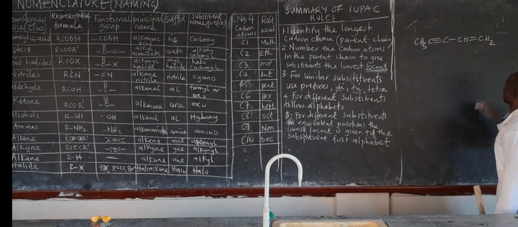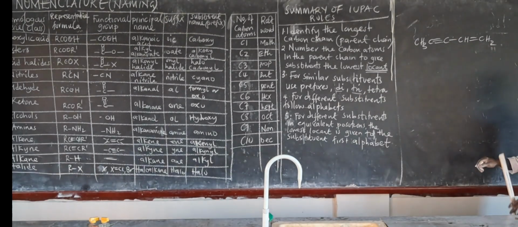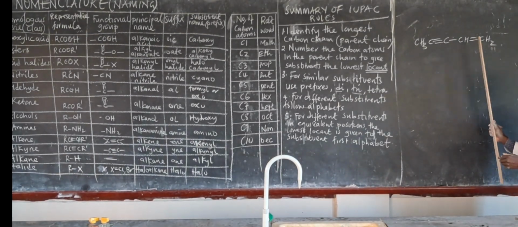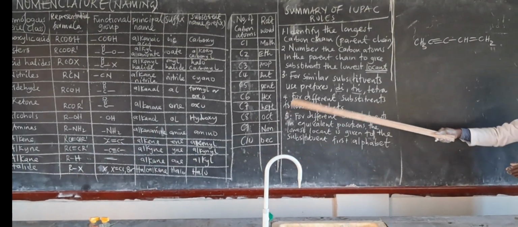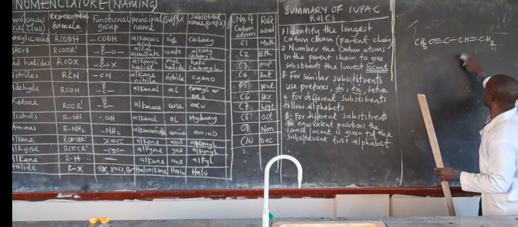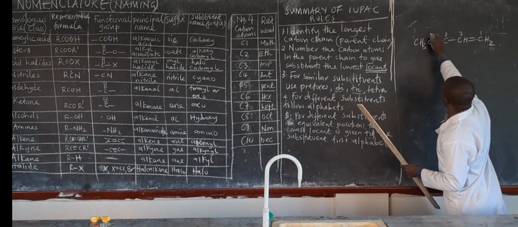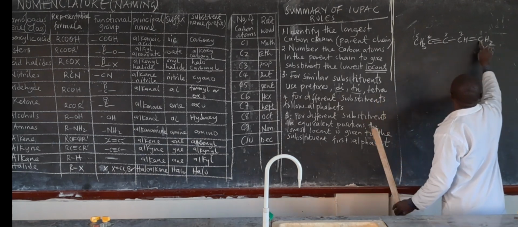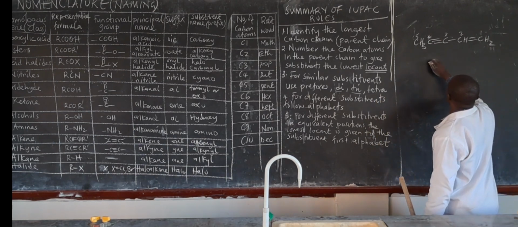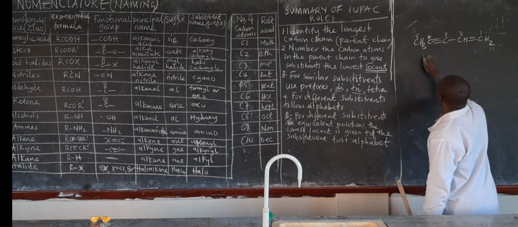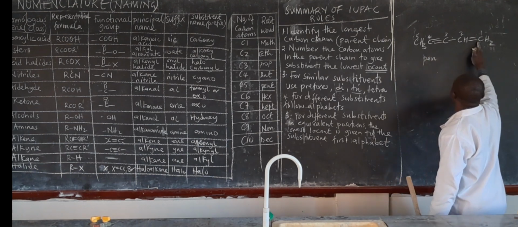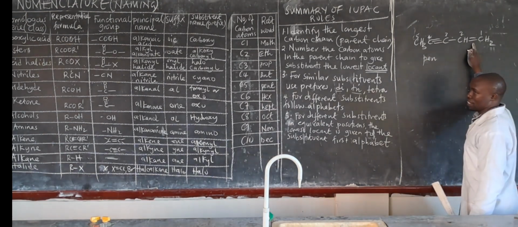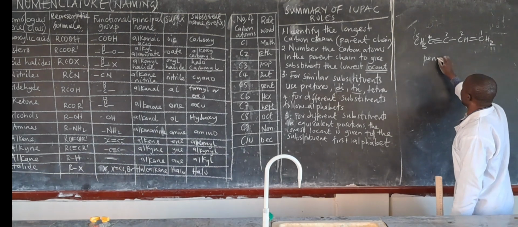Now, if you had such a structure, priority between alkene and alkyne, we see that alkenes are prioritized over alkynes, so we number this way. So 1, 2, 3, 4, 5. So this would be called pentene, keeping this as the key functional group.